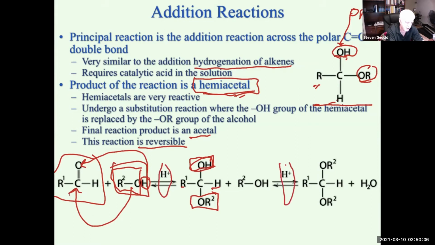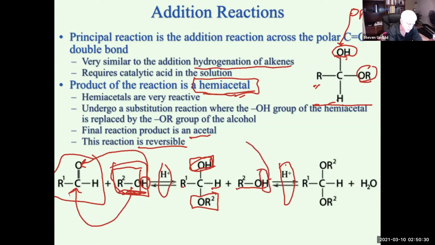Now, this reaction continues to go. It reacts with a second alcohol, the same alcohol we had over here. It reacts with a second molecule of the alcohol, because hemiacetals are very reactive. Then we take the OH group. Okay, so we have our H here.